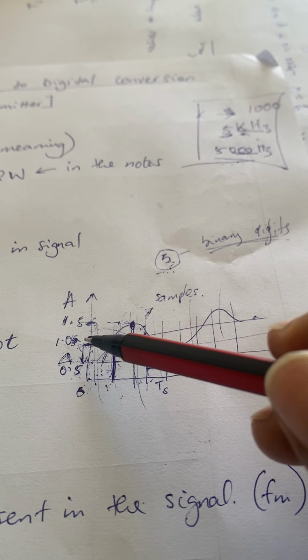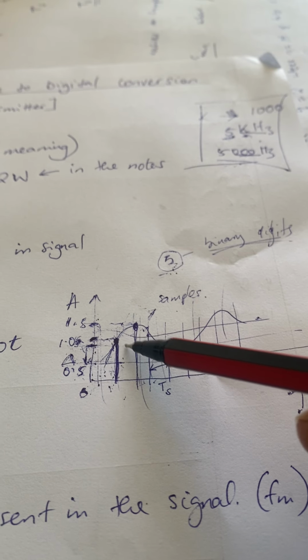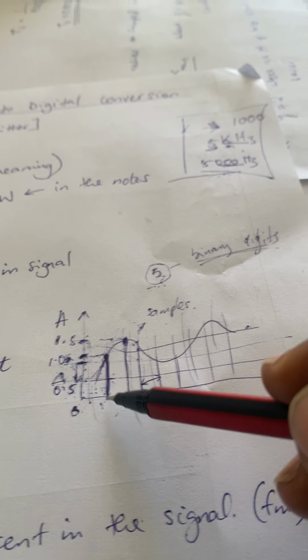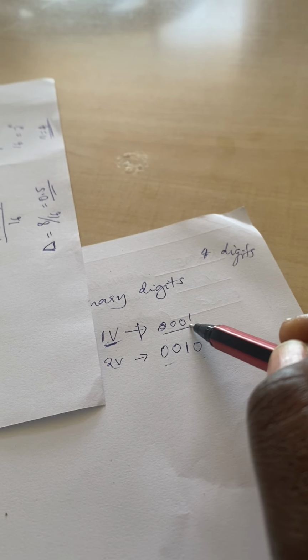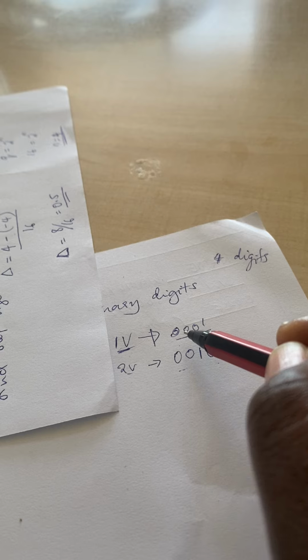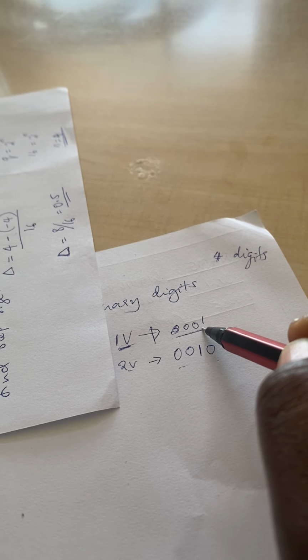So if this sample was 1.2, instead of sending 1.2, the first sample will be represented by these digits. So this is what the transmitter is going to send via the transmission.